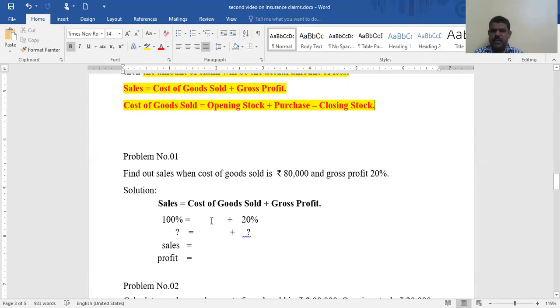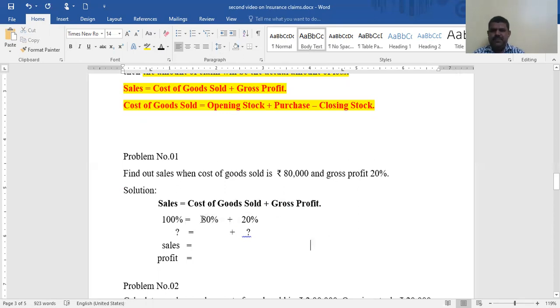If cost is 100%, 100 plus 20 equals 120 when profit is based on cost, but here profit is based on sales only. Therefore, when the profit is based on sales, sales is 100%, profit is 20%. What is the difference percentage? The difference percentage, 80%, is called cost of goods sold.